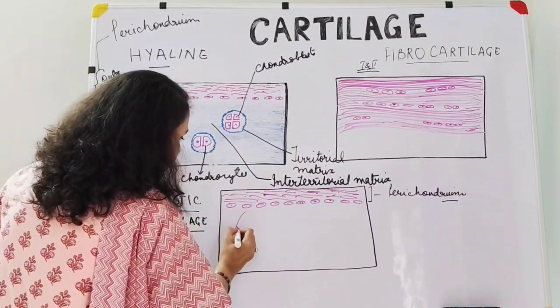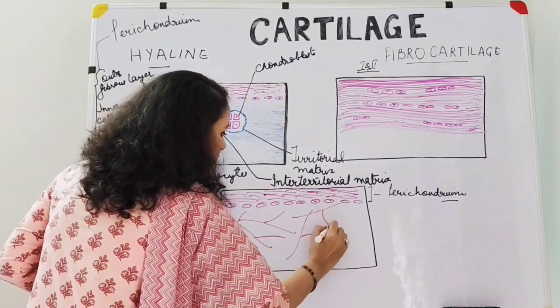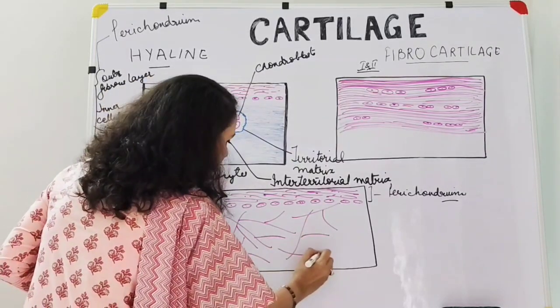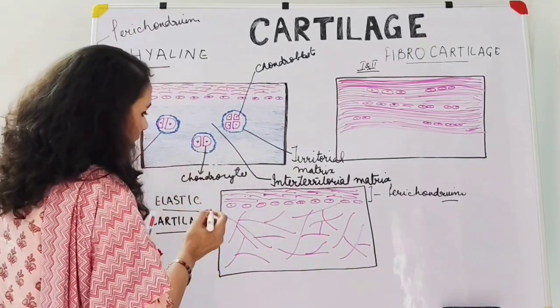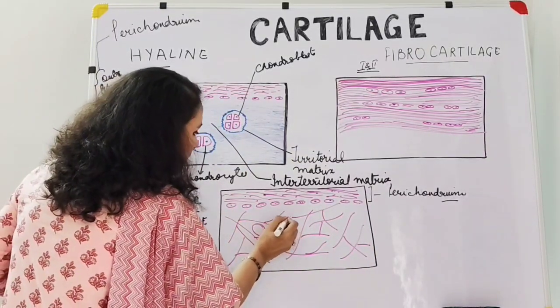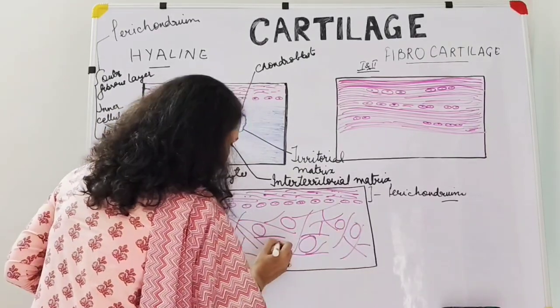Then we have the elastic fibers. Many elastic fibers branching, not running in bundles, and then in between them there are the empty spaces where the chondroblast and the chondrocytes are present.